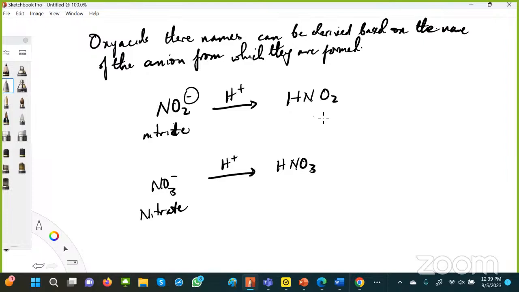Now, how do we derive the name of the corresponding acid?